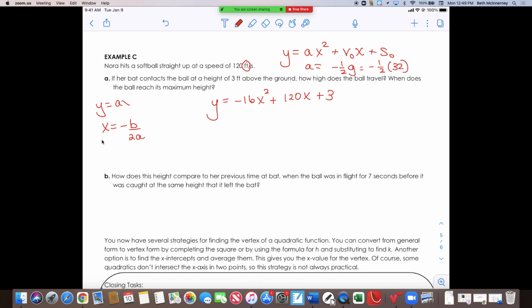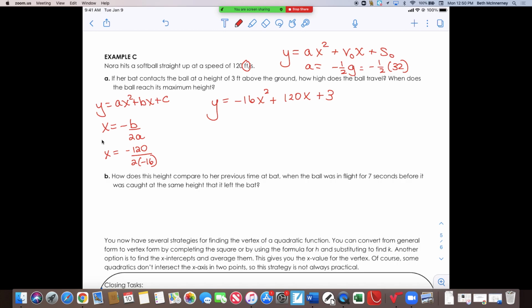When you have general form, you can actually find the x coordinate of the vertex using x equals negative b over 2a. So in this case, b is 120, so I'm going to do negative 120 over 2 times negative 16.